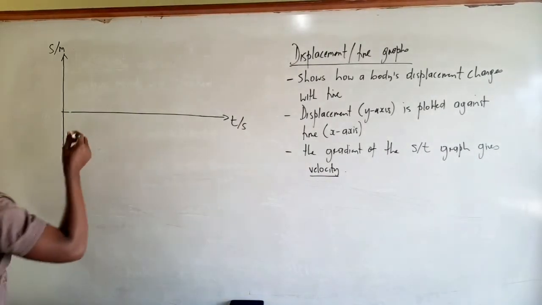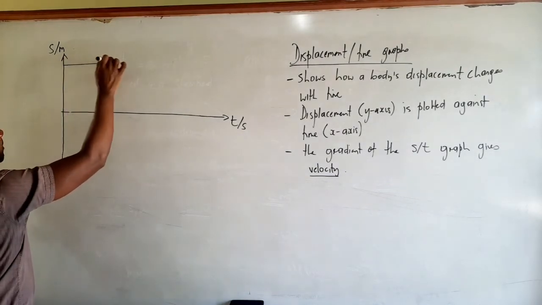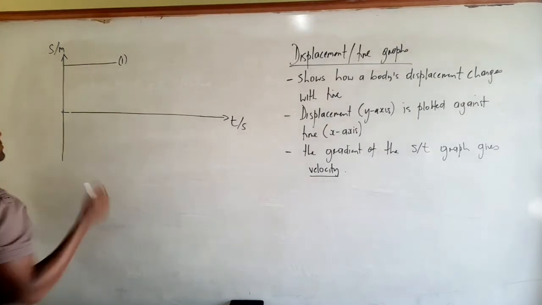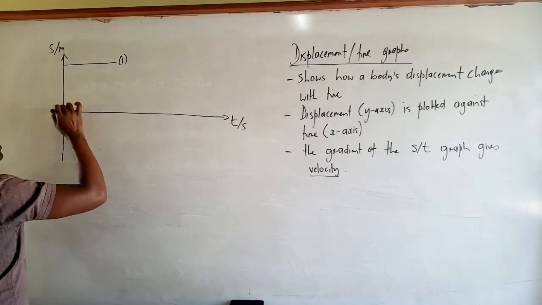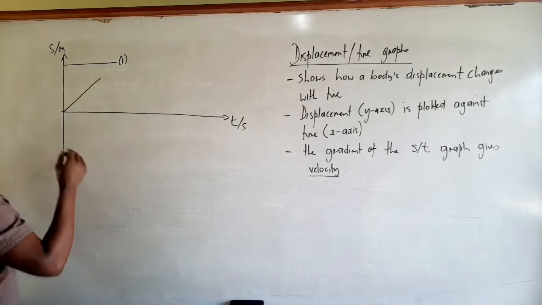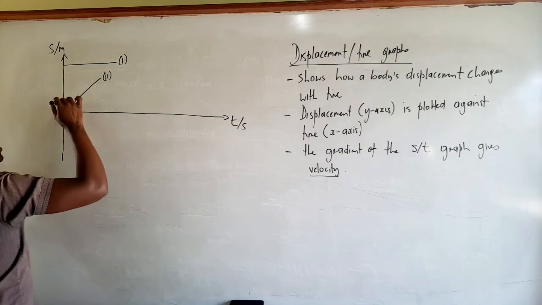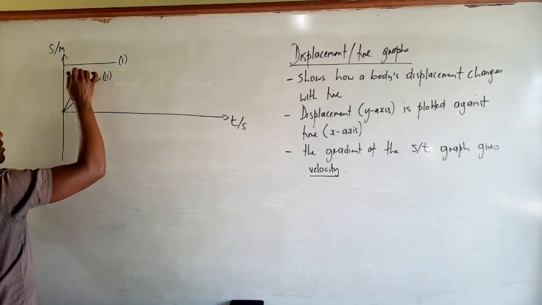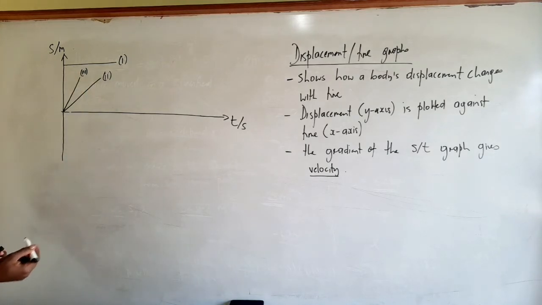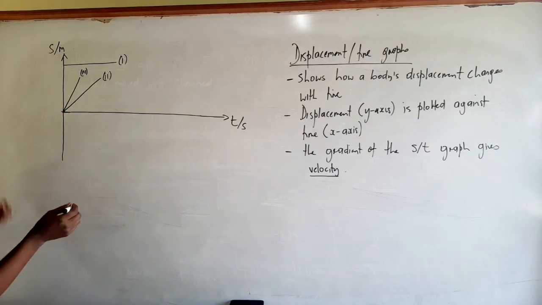First one, let's just make it a horizontal line. Let's call that graph 1, right? Graph 2 is a straight sloping line, and graph 3 is another straight sloping line, but this time of steeper slope or of a steeper gradient, right? Graph 4 will be a curve.